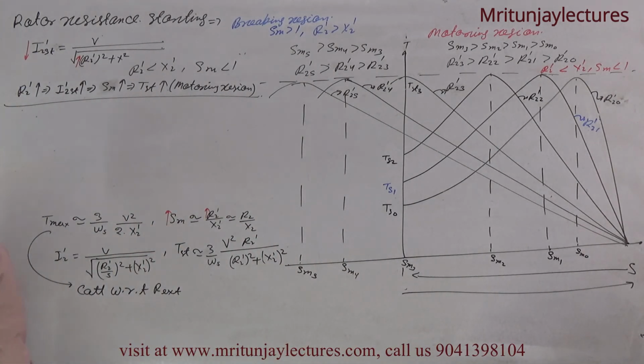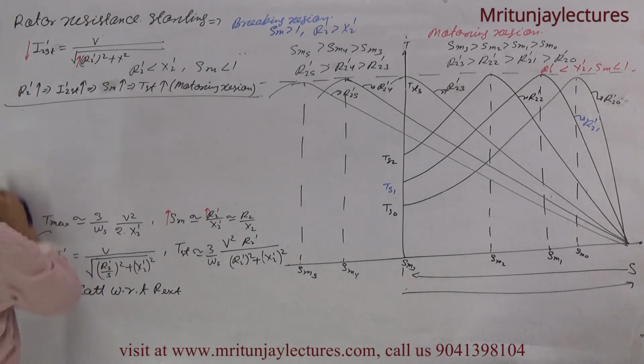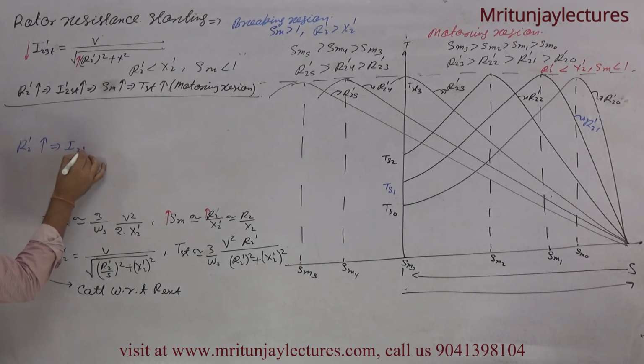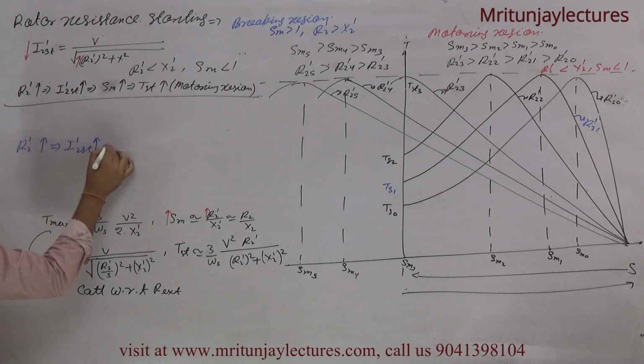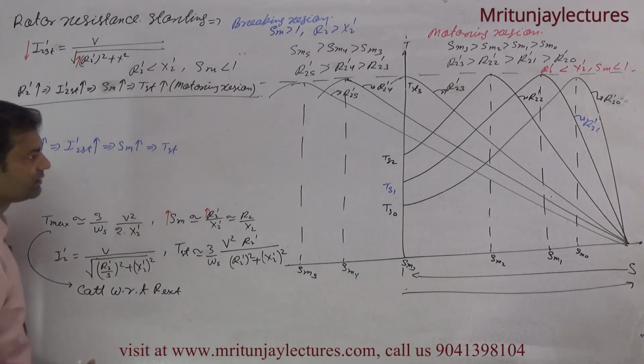Now, in this region, if R2 resistance increases, what about R2 dash? It increases. What about starting current? Again it increases. What about slip? Also increases. What about starting torque?